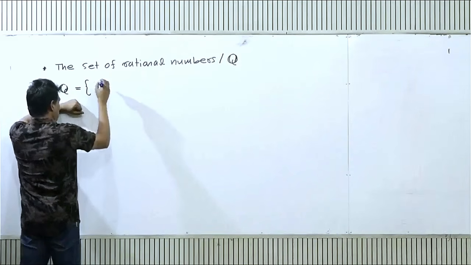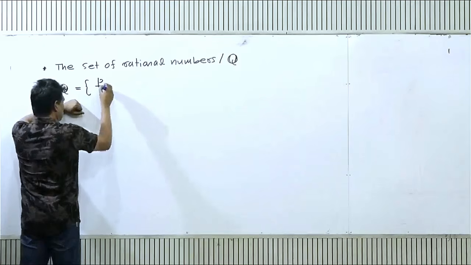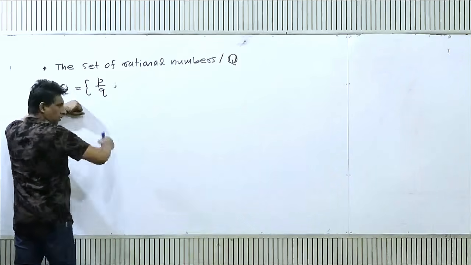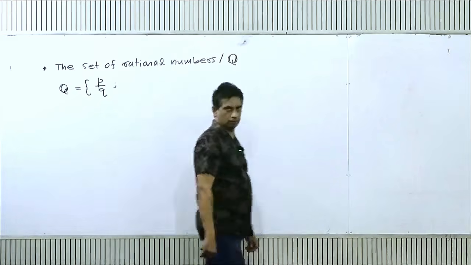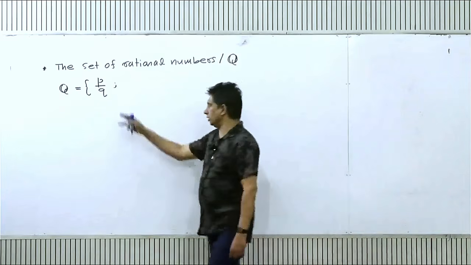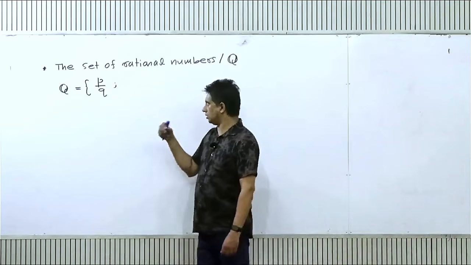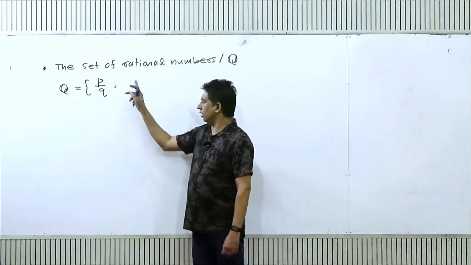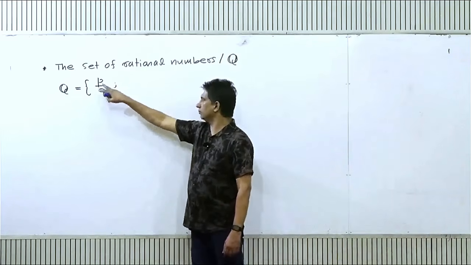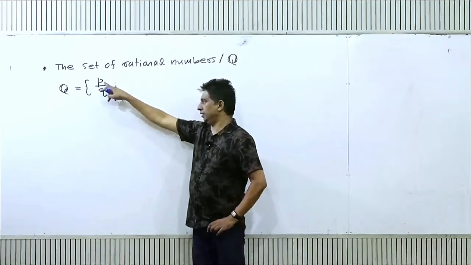First, within brackets, P over Q. Then explanations, right? According to this one, we can get a basic idea about this rational number, and there should be something in the numerator. This is the numerator.